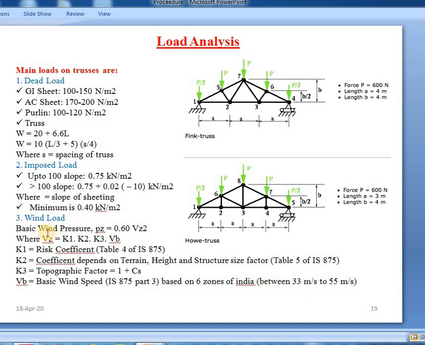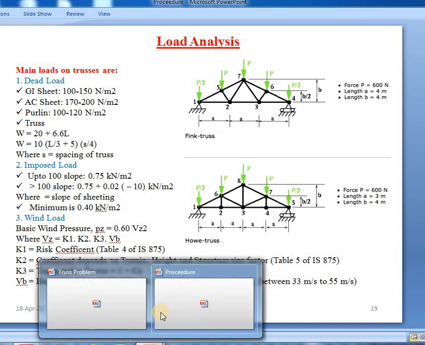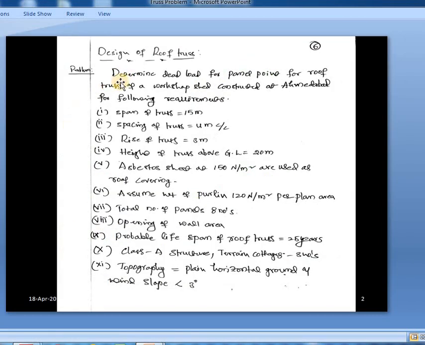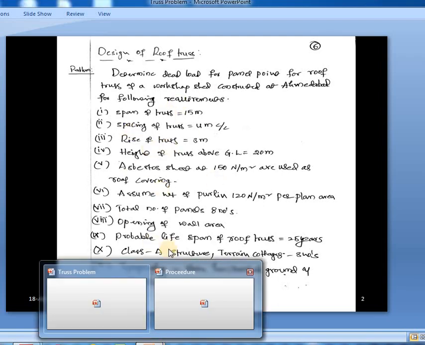Now in this problem I am going to explain how to calculate all three types of loads. Actually this question is determine dead load only, but after completing the dead load calculation I am explaining imposed load and wind load also, because this one video is enough for three types of questions.